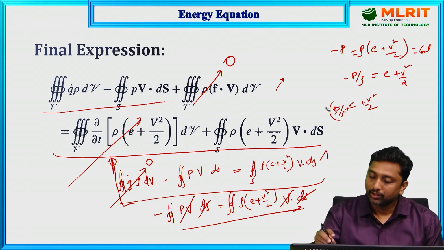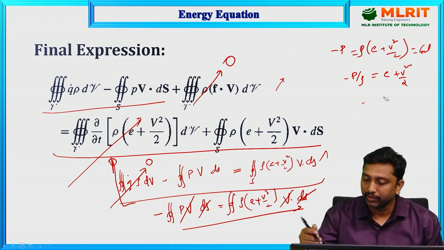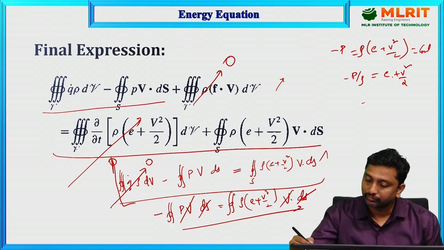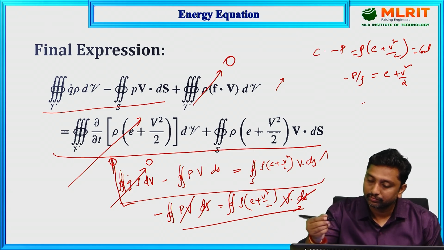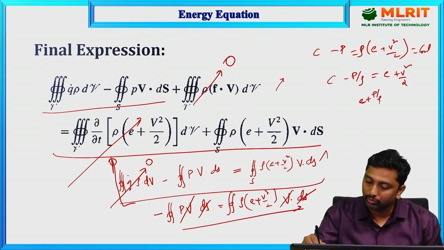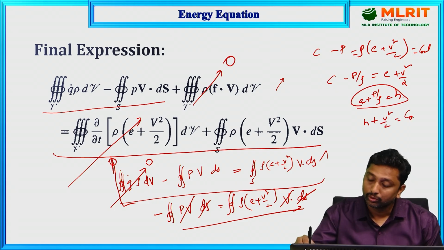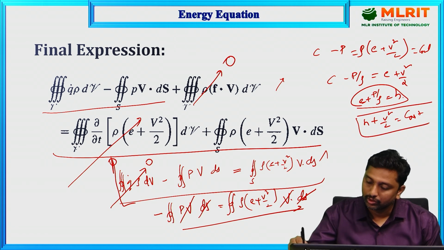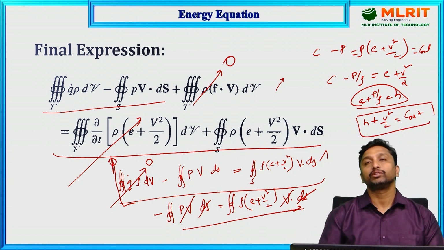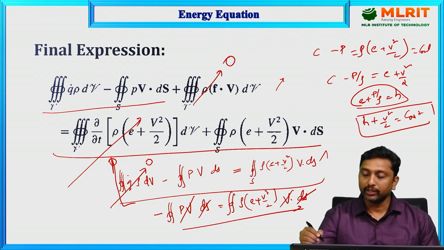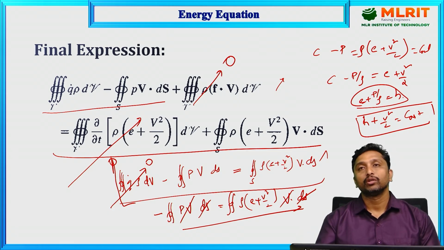This term can be written as enthalpy, where enthalpy is E plus P by rho, and C is the integration constant. So with this I can say that H plus V square by 2 equals constant C. This is an alternate form of energy equation purely in terms of enthalpy of the system and velocity of the fluid.